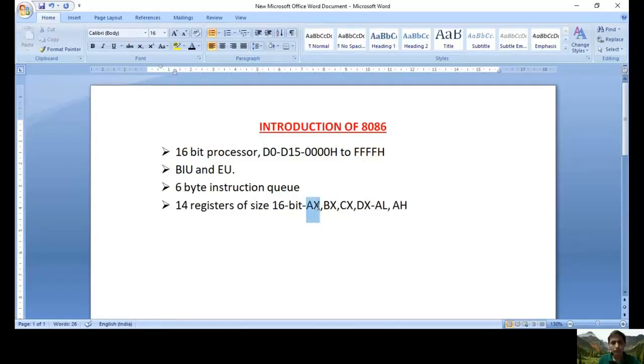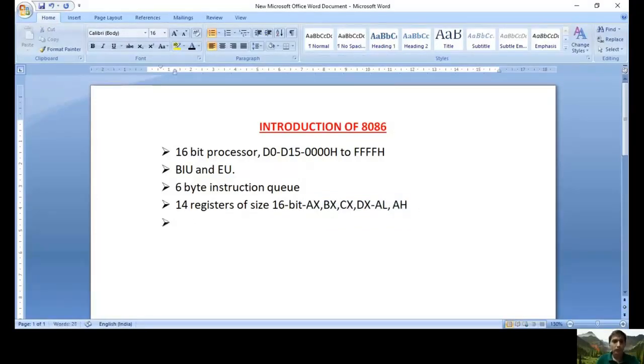So these 4 registers can be used for either 8-bit or 16-bit. For 8-bit operation, lower byte and higher byte are available. For 16-bit operation directly, AX, BX, CX, DX are available. Like that, B also has BL, BH, C also CL, CH, DX also DL, DH. A complete overview of the functioning of each register we will discuss separately. So finally we have 14 registers of size 16-bit.